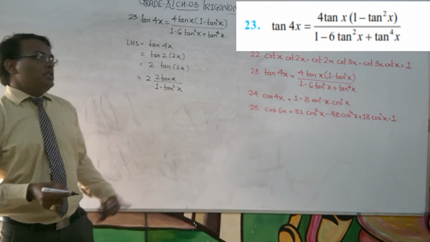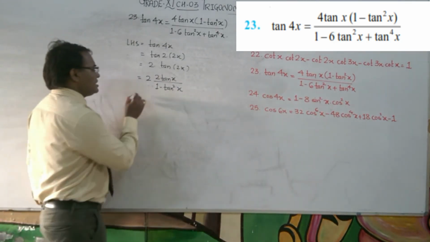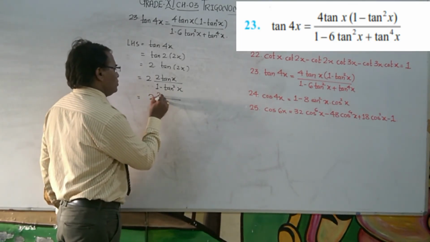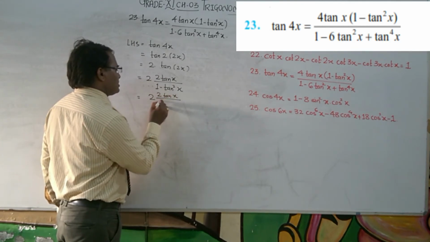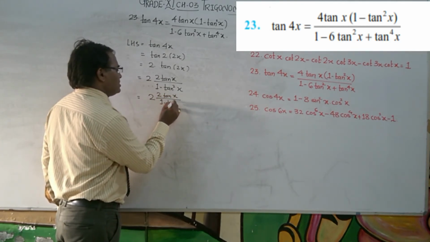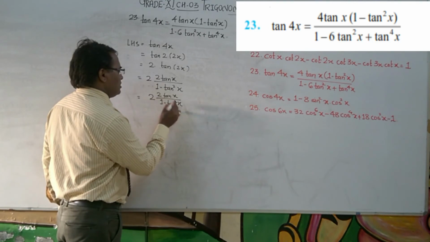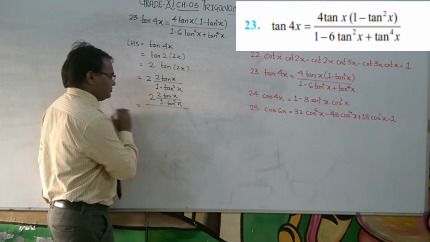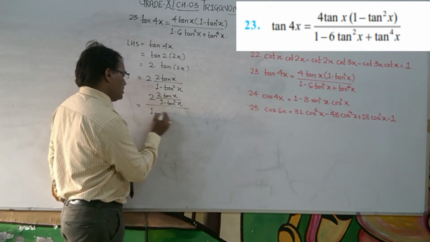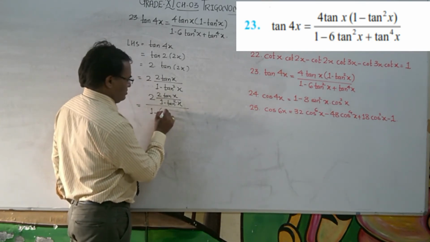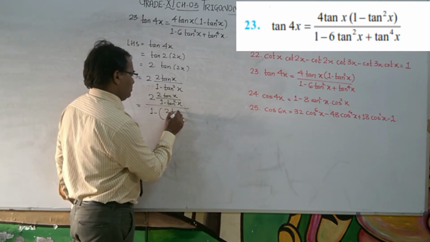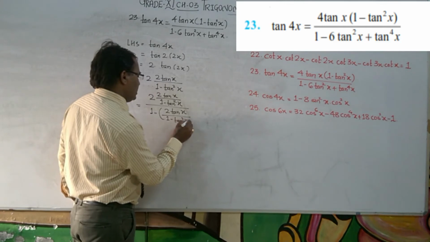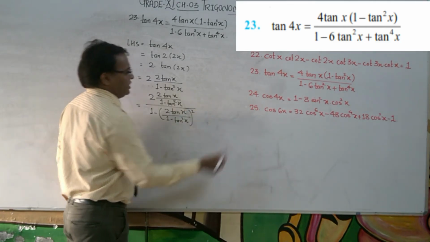Okay. Now after applying this, it will be like this: 2 into 2 tan x upon 1 minus tan square x, total divided by 1 minus 2 tan x upon 1 minus tan square x, its square.